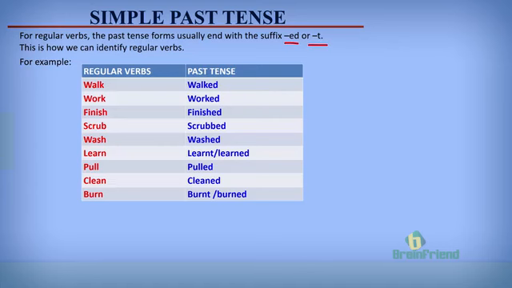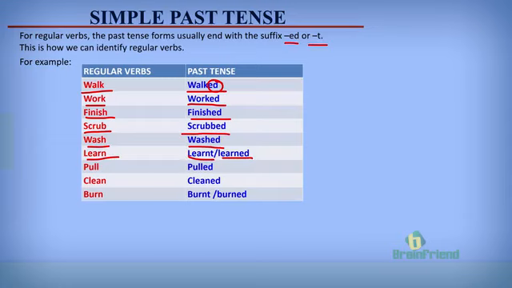Now on the board we have some examples of regular verbs. The verb walk, in its past tense, is walked. We can find the suffix ed attached to the verb. The same goes for work, worked, finish, finished, scrub, scrubbed, wash, washed, learn, learnt or learned.